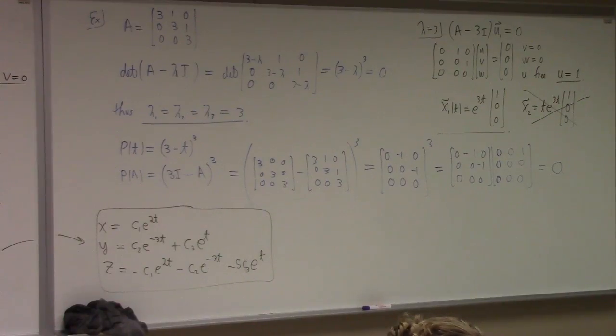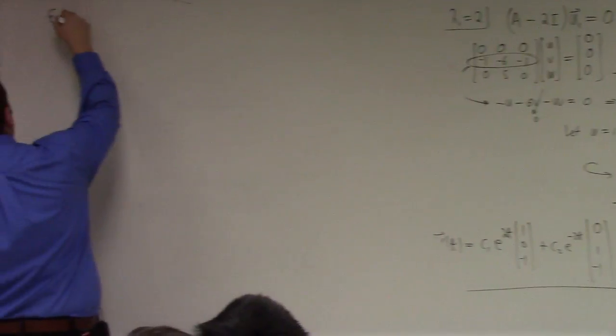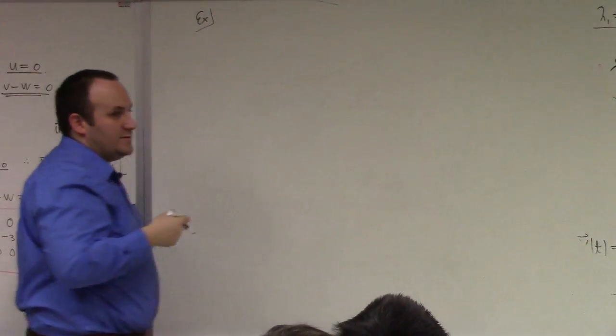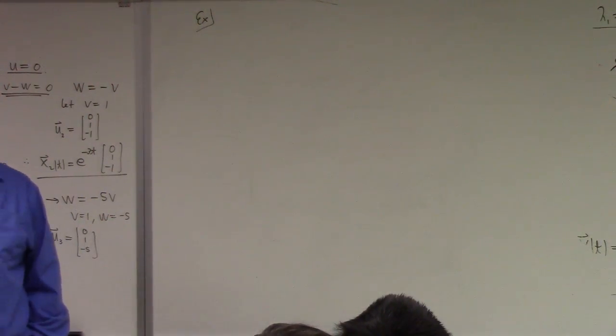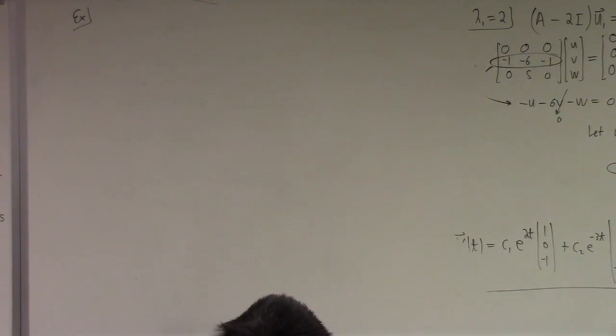Okay, so let me show you a different problem. Usually, for the most part, I can test what I need to on tests with 2x2 problems. I don't want to rule out a 3x3 problem because I think it's important for you guys to be able to do 3x3 problems. But I have to be careful with 3x3 problems because it's very easy for the characteristic polynomial to get really hard to factor.